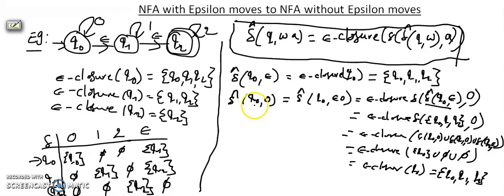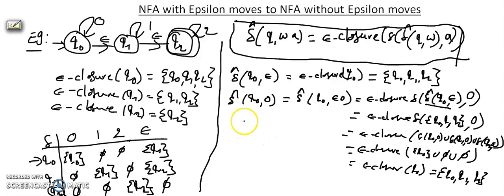In the same way, we have to find delta cap of Q naught comma 1 and delta cap of Q naught comma 2, delta cap of Q1 comma 0, delta cap of Q1 comma 1 and delta cap of Q1 comma 2, and Q2 with all these three combinations, 0, 1, 2.